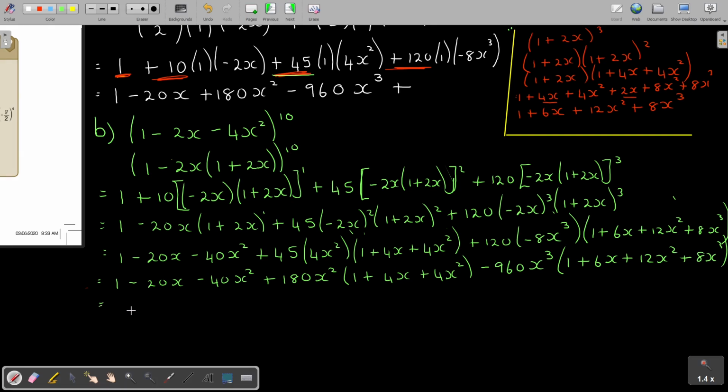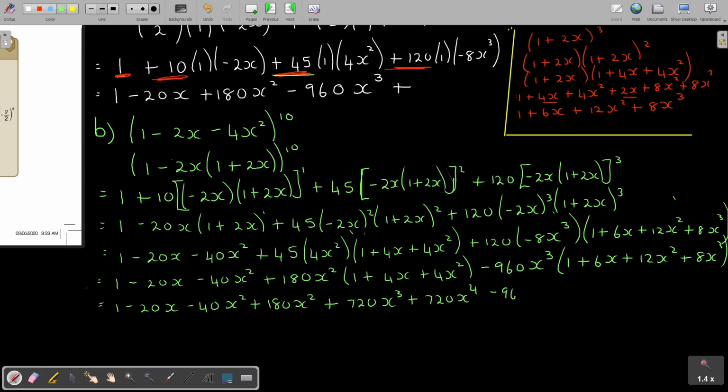Okay, so it's 1 minus 20x minus 40x squared plus 180x squared plus, now 180 times 4, it's 720, you see, x3, and then 180 times 4 is again 720.